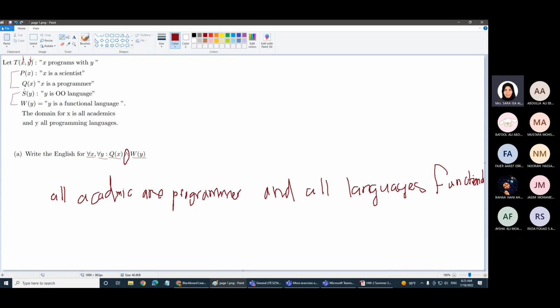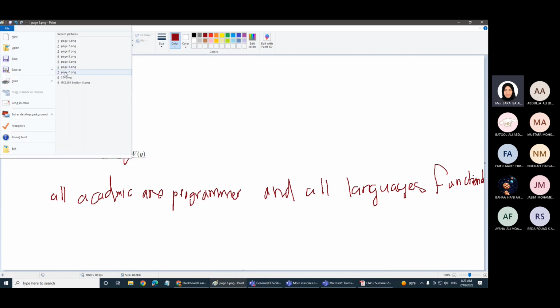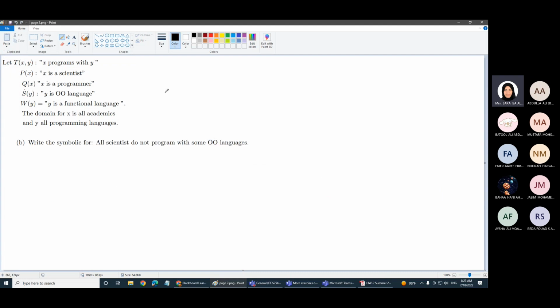Now let's go to the second page, page number 2. Using the same predicates, write the symbolic form for: all scientists do not program with some object-oriented languages. Now they want me to write the symbolic form.